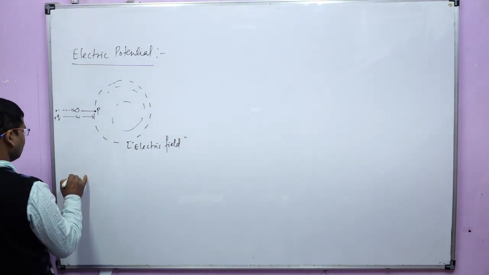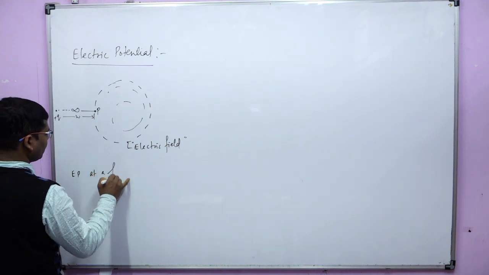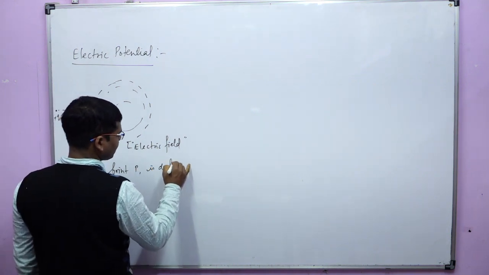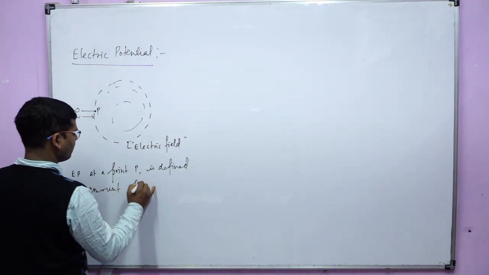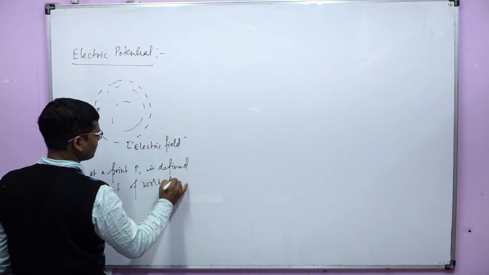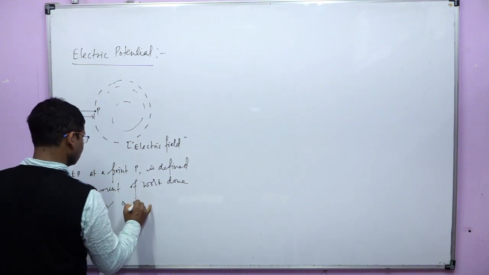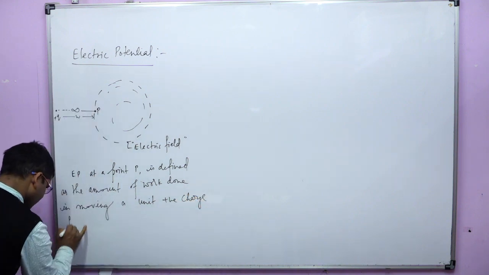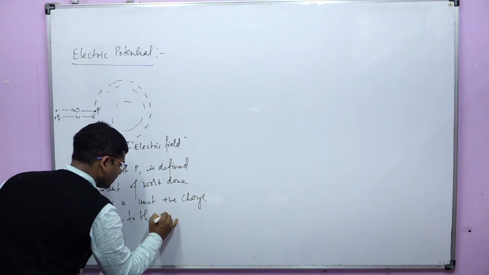So electric potential at a point P is defined as the amount of work done in moving a unit positive charge from infinity to that point.